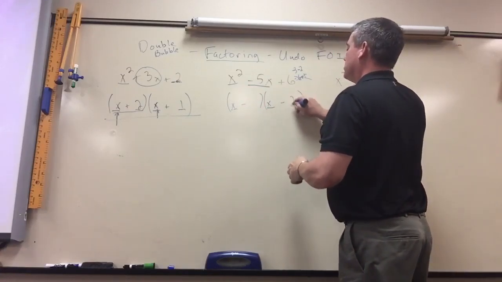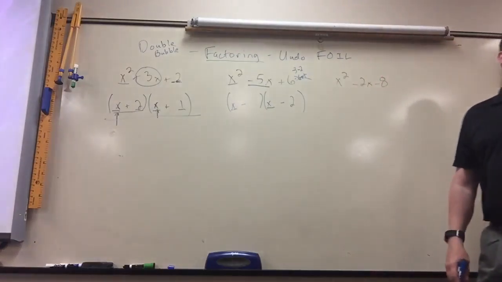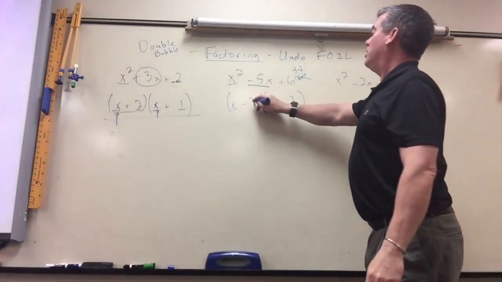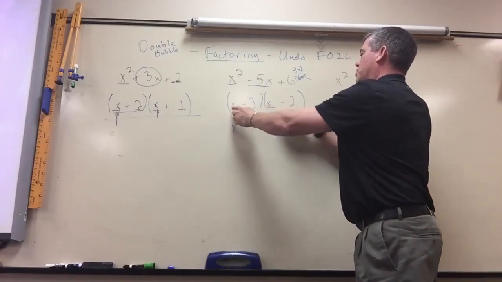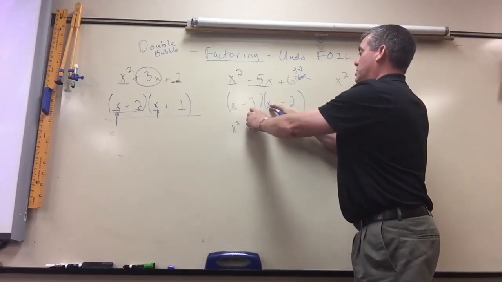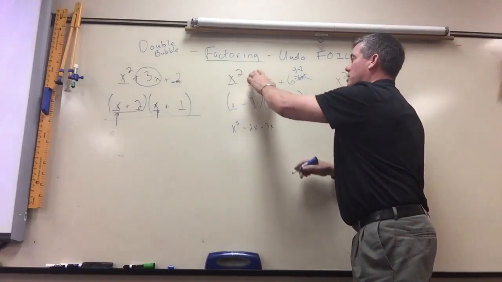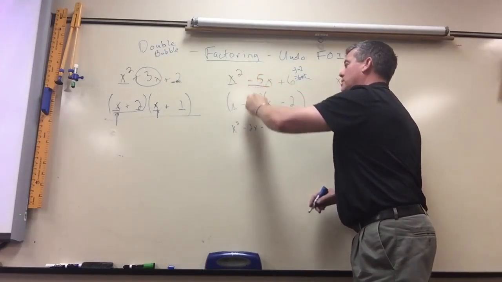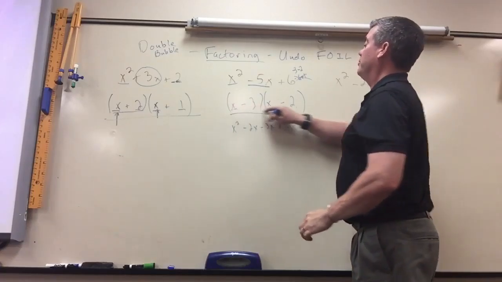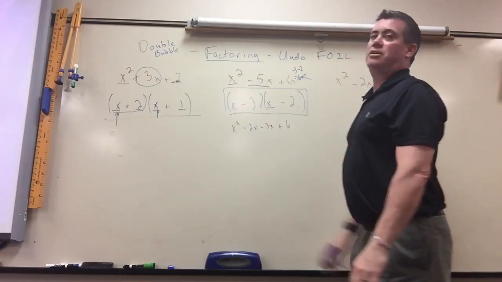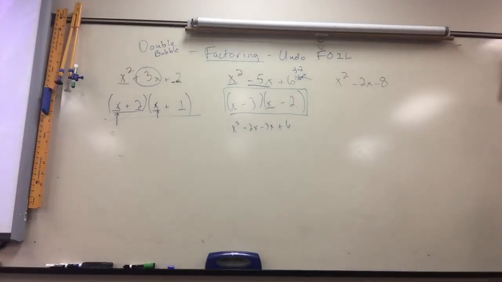You could do it in your head. So when you check, this does give you x squared. This gives you -2x. This gives you -3x, which does combine to give you that. And negative times negative is +6. So that is the factor of that one.